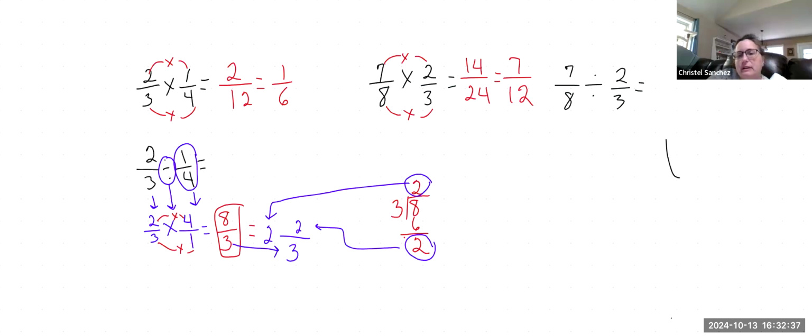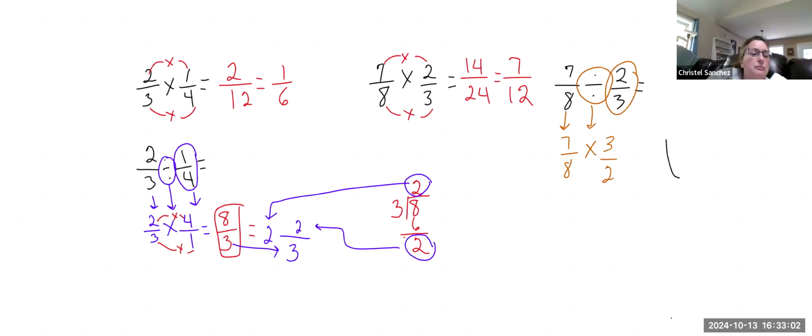So I'm going to bring down my first fraction, 7/8. What am I going to do with this division sign? That is going to change to a multiplication sign. And my 2/3, what do I need to do? I need to flip that over, right? So we're going to have 3/2.